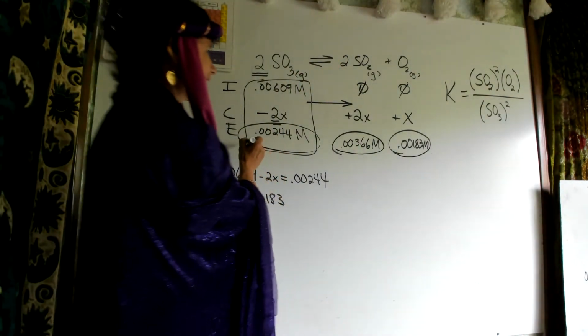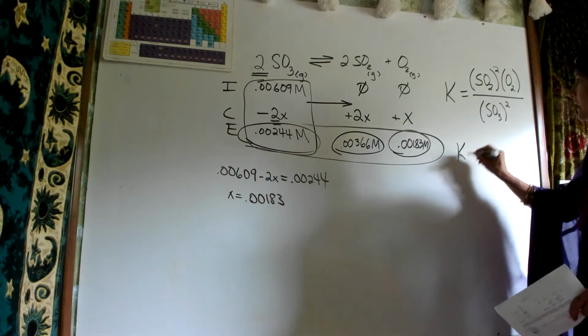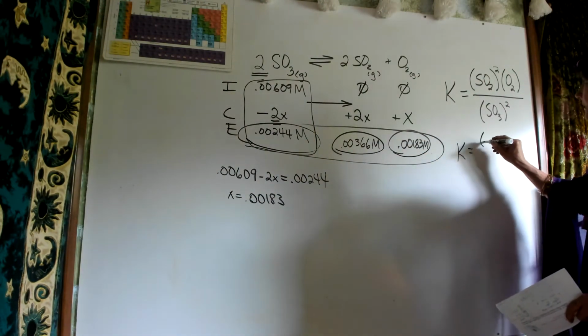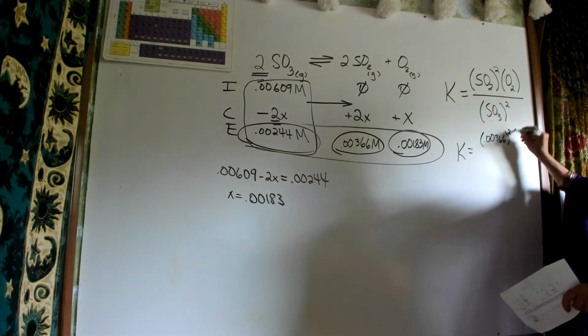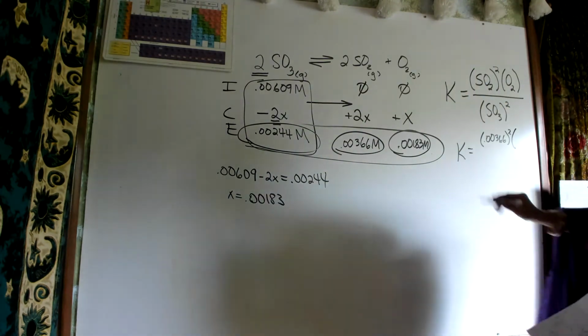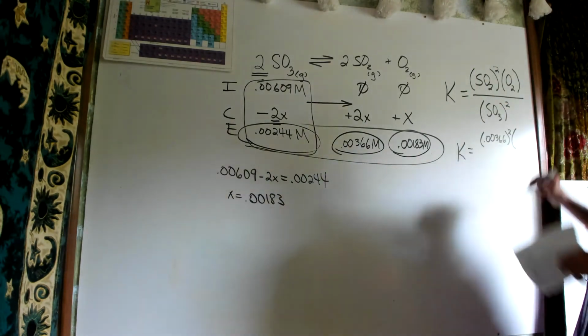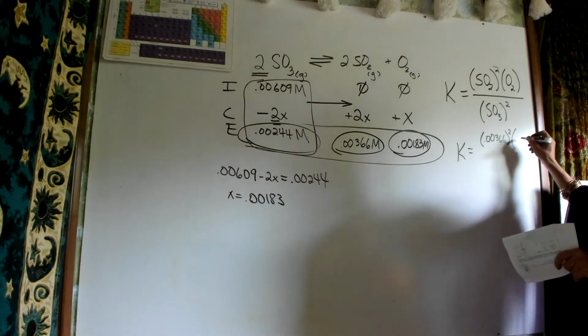And then I plug in these numbers. 0.00366 squared. When you plug into the K, you can leave the units off. In the chart, you have the units. When you solve for x, plugging into K, it had to be molarity unless we did a KP.